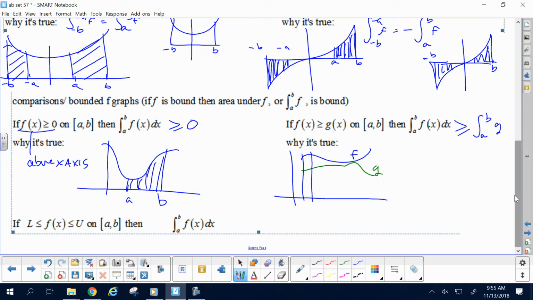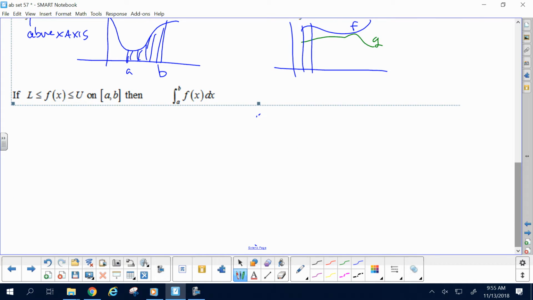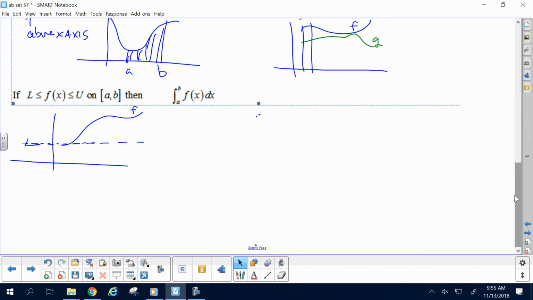All right, and then last but not least, imagine f of x has a lower bound of L. So there's this curve f of x, and it has a lower bound, or a lower y value of L, where the curve is always at least as big as L. And it has an upper bound u.